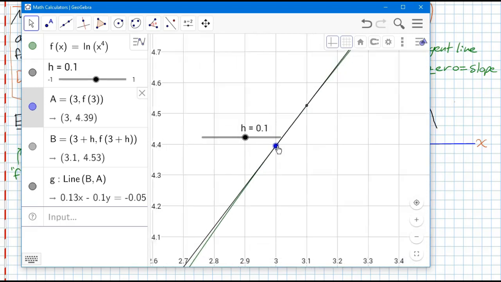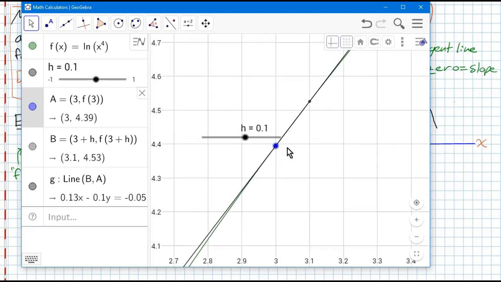But the points I used were at 3 and then at 3.2. So f of 3 is about 4.4 here, or 4.39. f of 3.2 is about 4.65, halfway between these two.